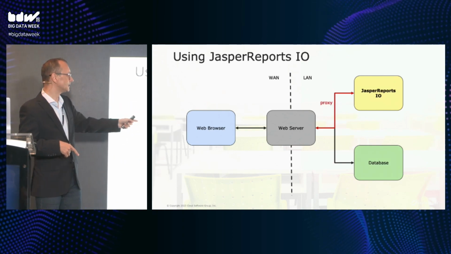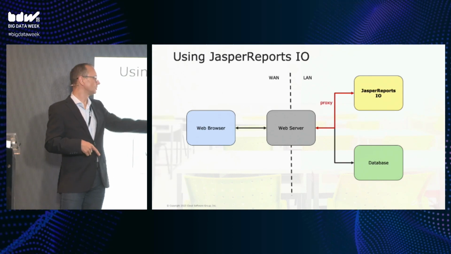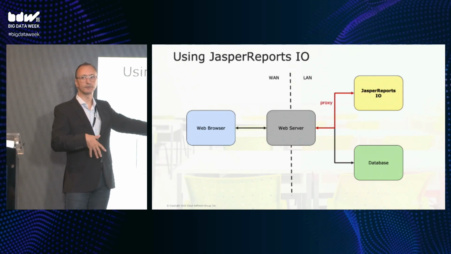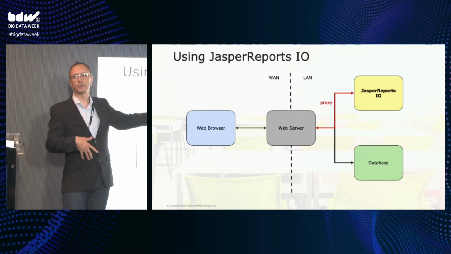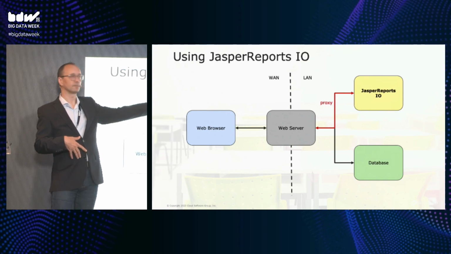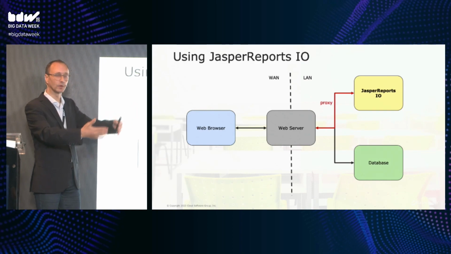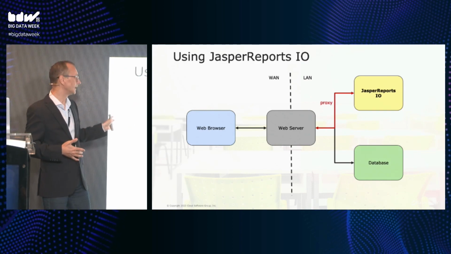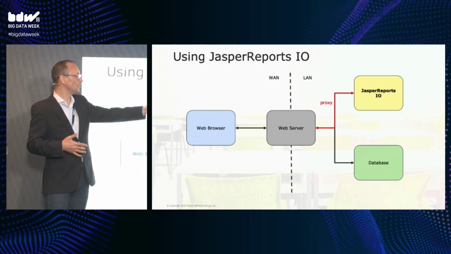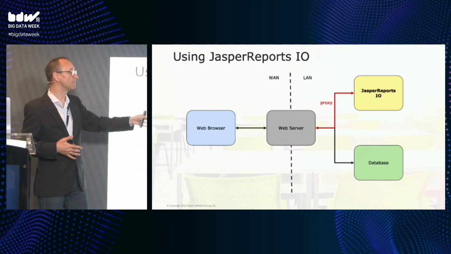It's just as from a web application, just as you use a database to store your data for your application, you generate your reports with our JasperReports service, which is deployed inside your local network, and you don't expose it outside. The way we use the JasperReports IO REST API is by proxying it.